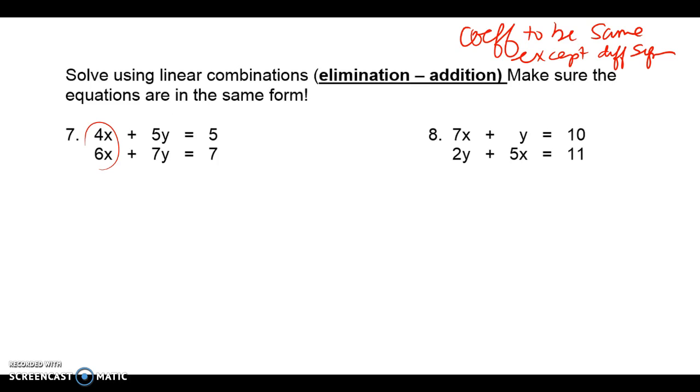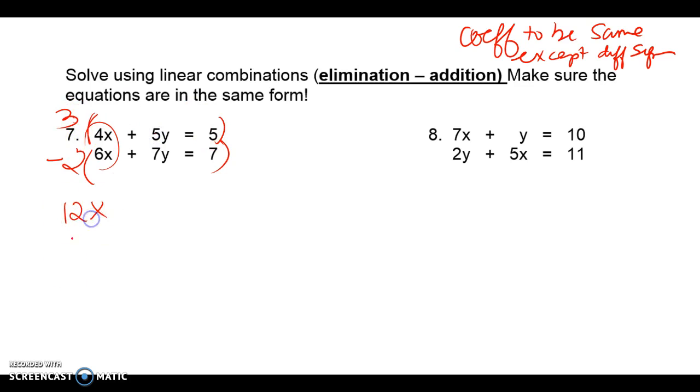I have a common denominator of 12, so I think if I multiply this top one by 3, this bottom one by negative 2, I can have 12 up here and negative 12 here. So let's do it. Remember, when I'm multiplying through, I have to multiply each term in that equation.